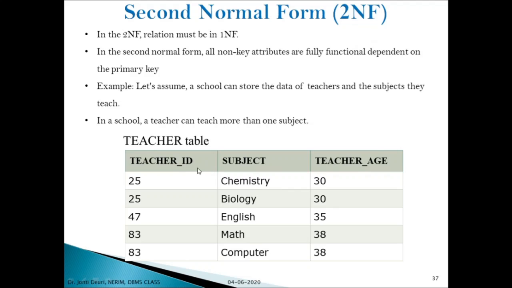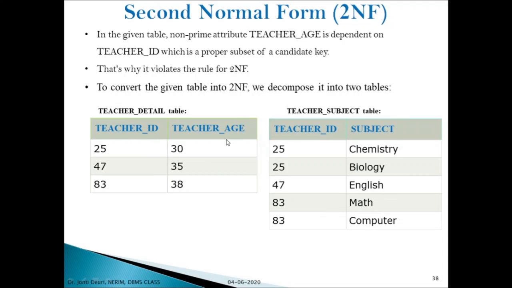If we divide this table like this, then teacher ID can determine the teacher age, and if we divide the table into these two tables, it will be in the second normal form. Are you getting it? See here: teacher ID 25 has age 30, 47 has 35, 83 has 38.